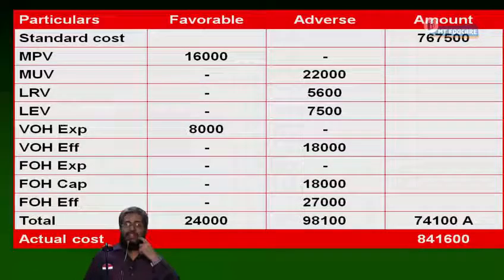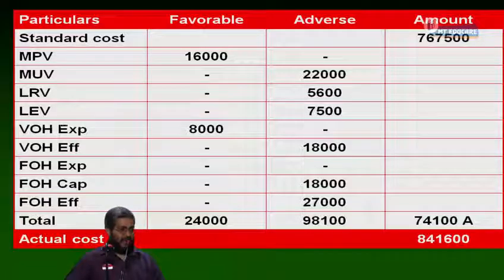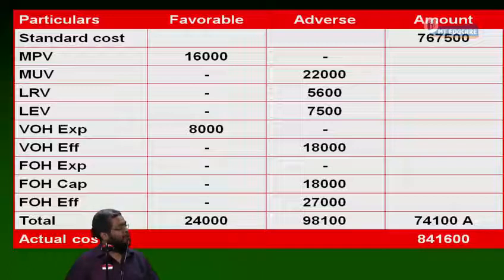The area we are going to discuss is called marginal costing versus absorption costing system. This topic needs to be covered in the chapter on marginal costing, but we are covering it here because when I do reconciliation, these concepts are very important to understand.